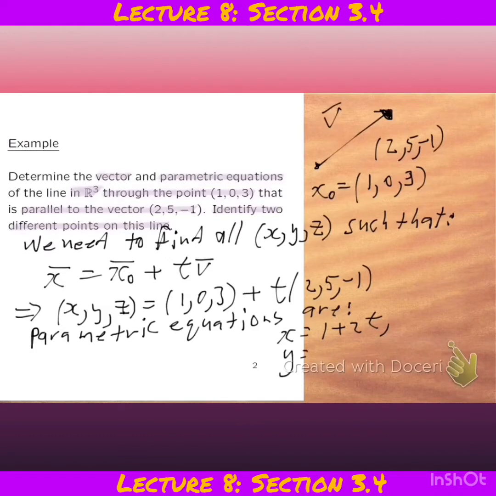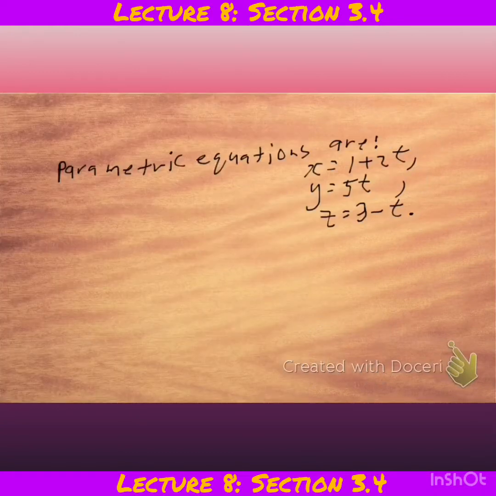For the y component, we've got that equation, and for the z component we've got that equation. So those are the parametric equations. So now they ask us just to identify 2 different points on this line. Okay, and we already have our parametric equation, so it's easy to identify 2 points.